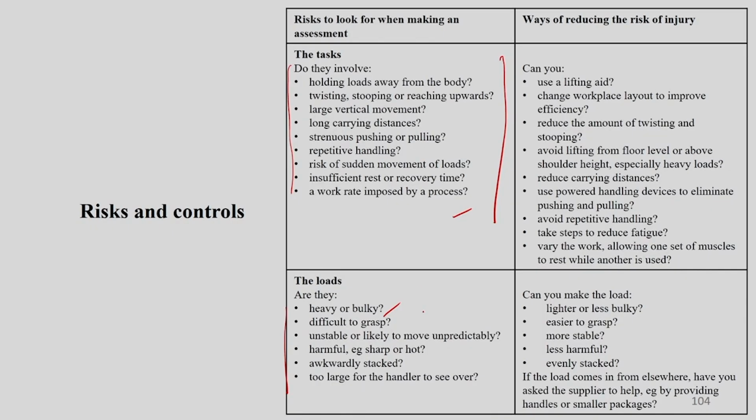Now if this is so, then the answers are lying here. If it is heavy or bulky, make it lighter or less bulky. If it is difficult to grasp, make it easier to grasp. How can you make it? If it is unstable, how can you make it more stable?